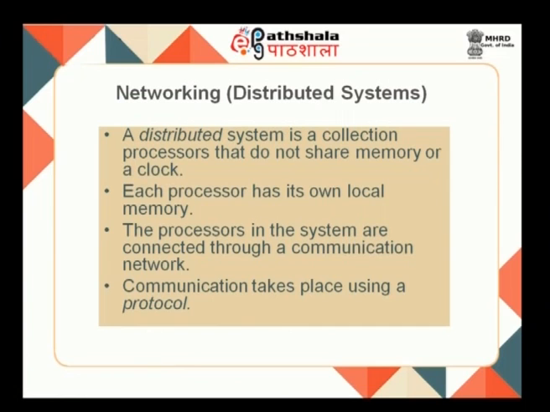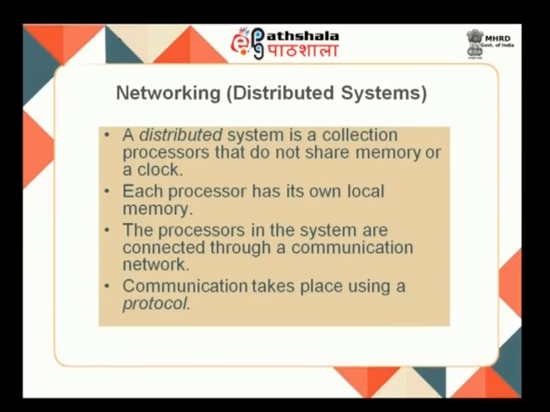And then we have networking. All the other features that we have seen till now are with respect to operating systems specific to a standalone machine. But now, when we have a number of machines connected together in a distributed environment, the networking concept comes into the picture.